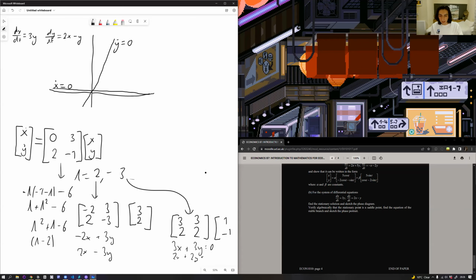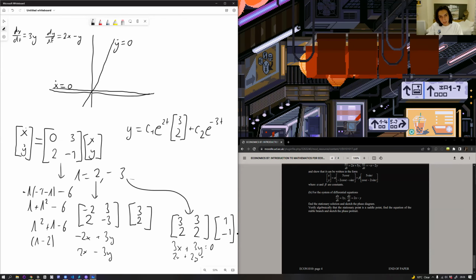We can then make a general solution, which I think is e to the 2t times 3, 2, plus c e to the minus 3t times 1, negative 1.